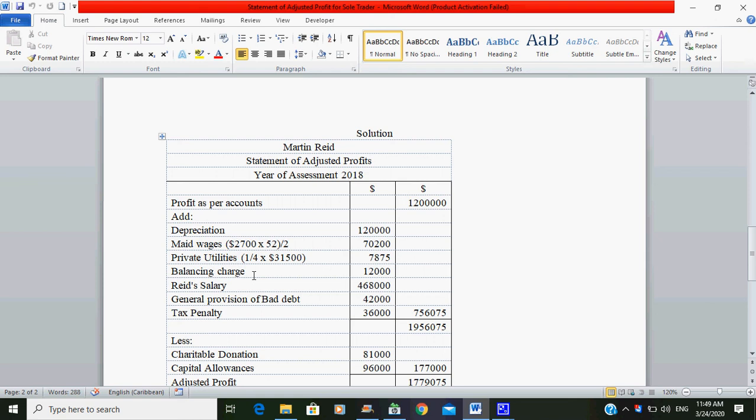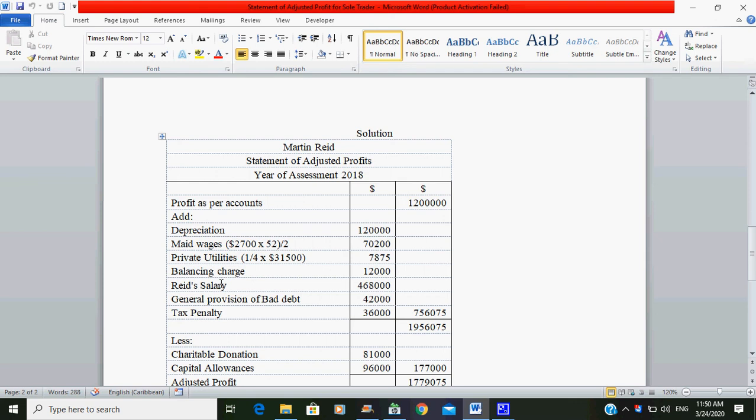Then Reed's salary should also be added back. We also said before that the general provision for bad debt is added back.